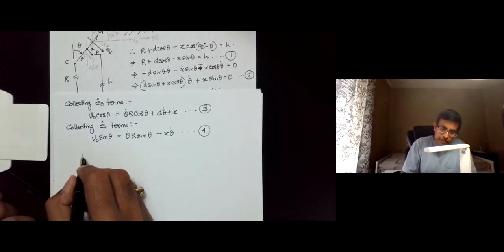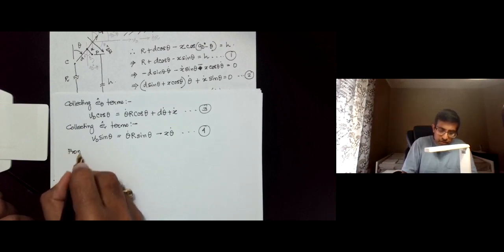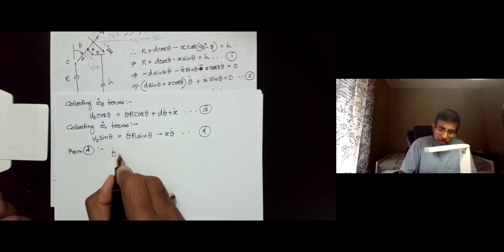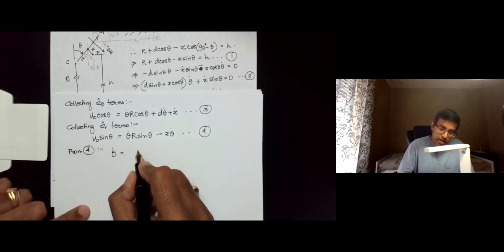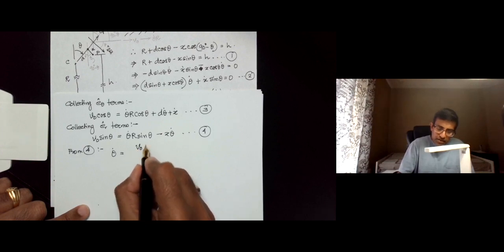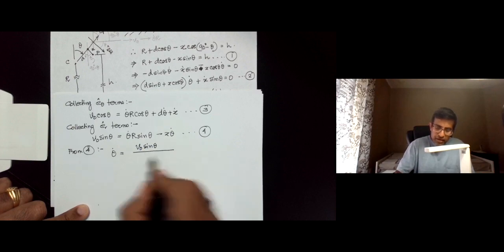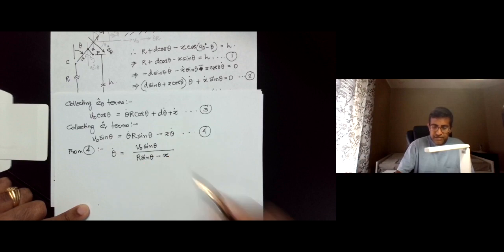All right. So from 4 we have theta dot is equal to V0 sine theta divided by R sine theta minus x.